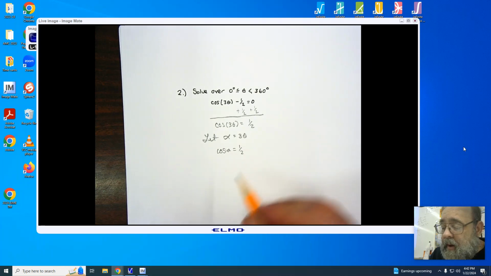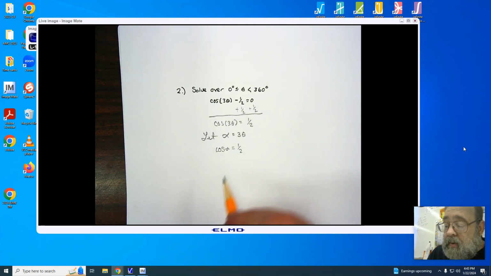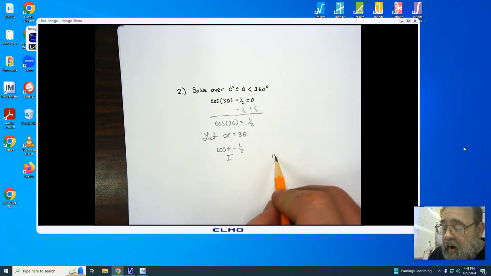Now I'm looking at my reference angles and my unit circle. We know that cosine is going to be positive. Now, once again, I like to think about it in terms of my radians, since I'm dealing with calculus so much. So we're talking about a pi over 3 angle, which is the equivalent of a 60-degree angle. So I'm now looking at the first quadrant, and I'm looking at the fourth quadrant.